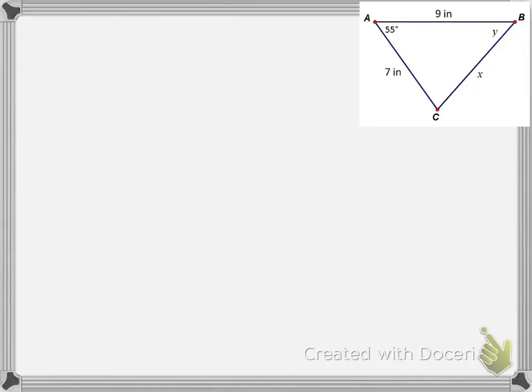We're missing a side. I'll probably have to go and get one of the sides or one of the angles anyway, so we can do the law of cosines. Now it would be nice to do the law of cosines for this. Problem is I don't know this, so I'm stuck because I'll have two unknowns.